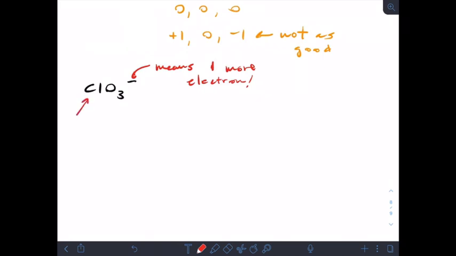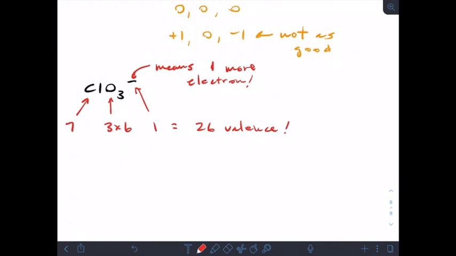So when I total up the valence for this, I'm going to say that chlorine has 7, my oxygens have 6, and there's another one for the negative charge. So we're going to end up with 26 valence electrons.